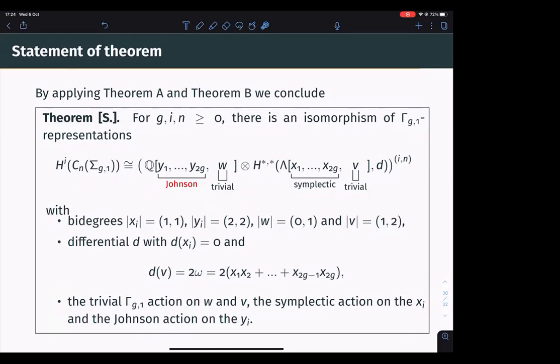Whenever you act by a mapping class on yi, you might have extra xi, xj contributions. And yes, this is a gamma G1 isomorphism. So that's the big theorem here, and I hope that now you understand what the Johnson action is.